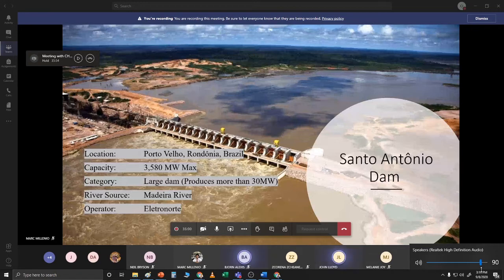So, yung Santo Antonio Dam ay makikita sa Brazil, 3,580 megawatts. Siya ay considered as a large dam. Ang operator ay Electronorte.